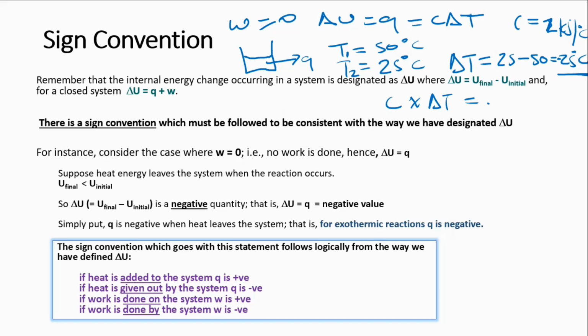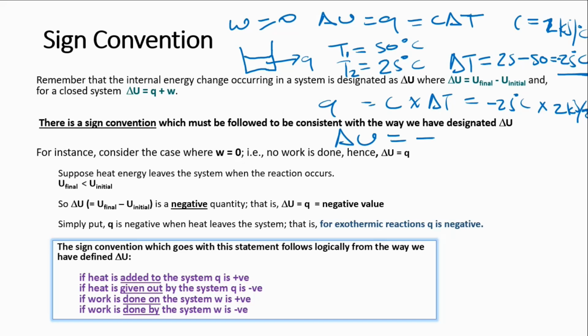It would be minus 25 degrees Celsius times 2 kilojoules per degree Celsius. You will end up with Q being negative. In other words, delta U would be equal to some negative value.